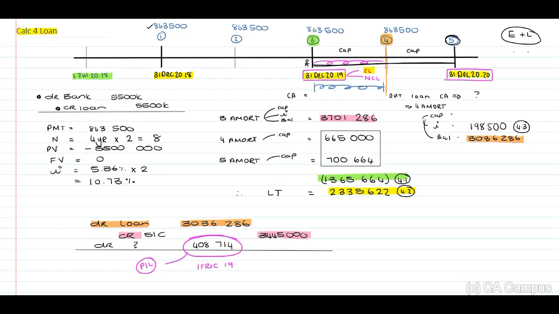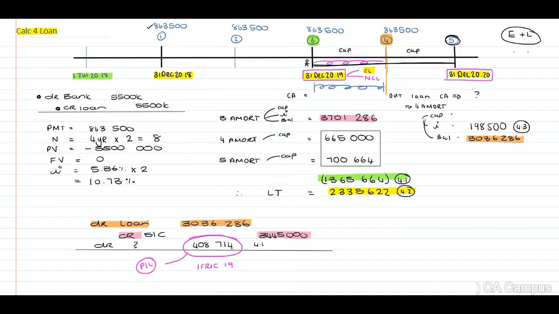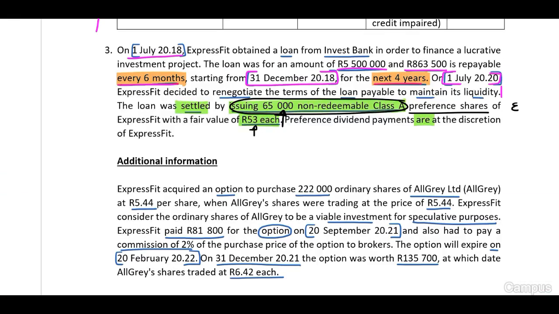Loss on derecognition of our loan. Therefore, we need to transfer this to our profit and loss calculation, guys. And let's call this calculation 4.4. Just need to include here calculation 4.4. Right, and this is a loss of 408,714.